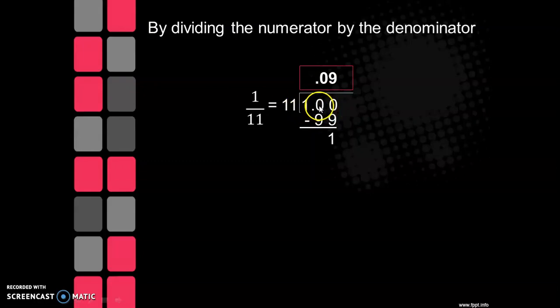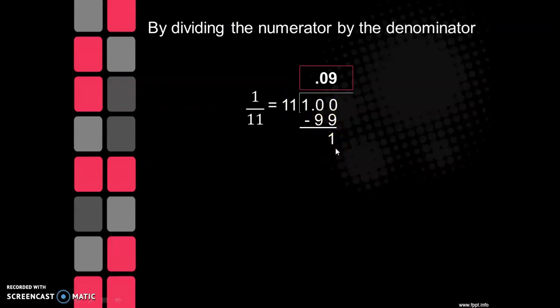So, this time, 100 divided by 11 is 9. So 9 times 11, we have 99. So, 100 minus 99 is 1.